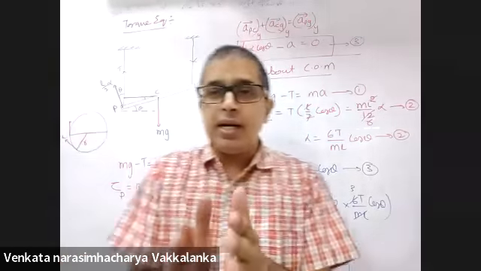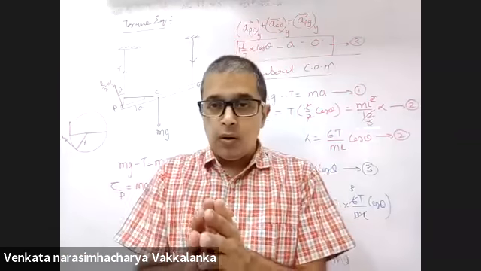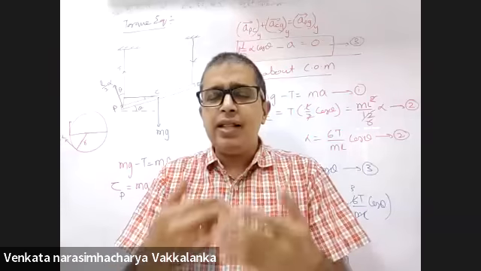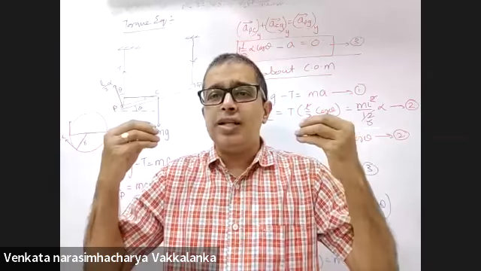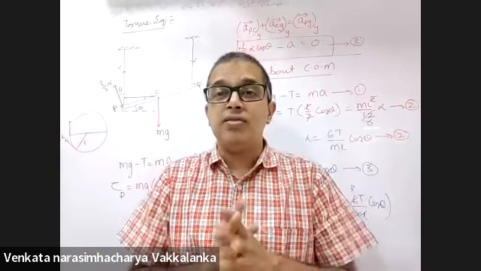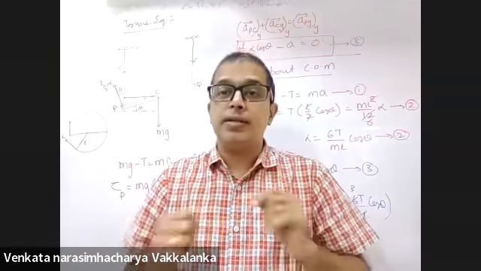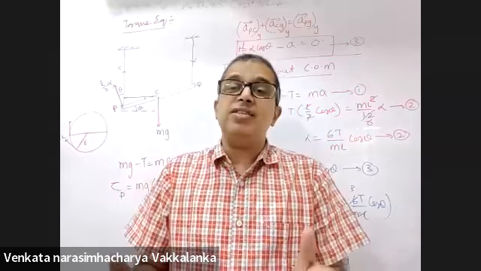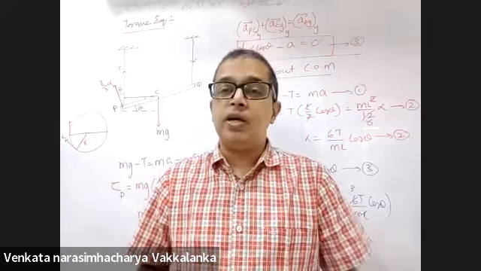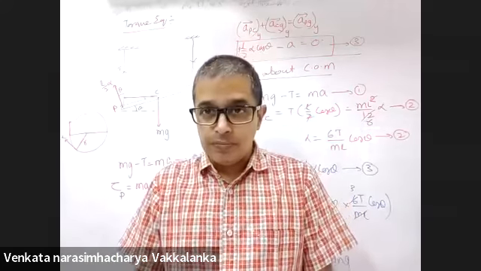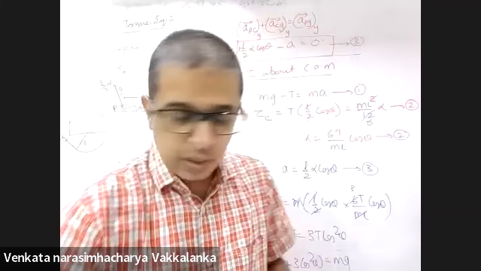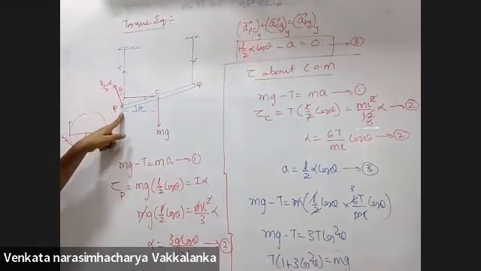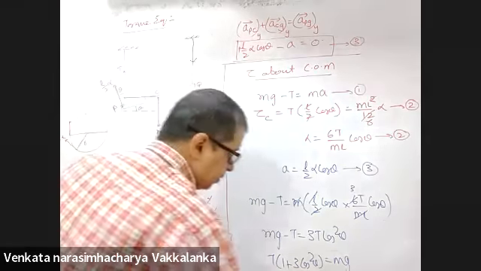Listen, fundamentally as a thumb rule, in general they will tell you a general rule: take the torque always about the center of mass of the body. You will never falter. But we will have necessities to deviate from the center of mass in complex problems. Firstly, what went wrong in this particular procedure?